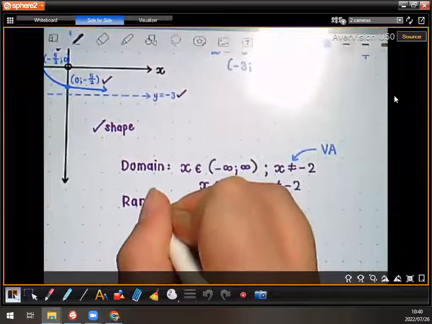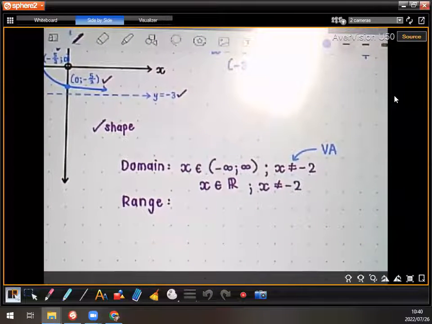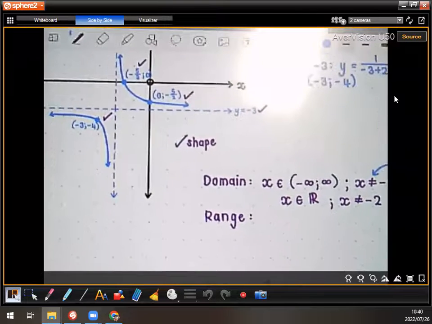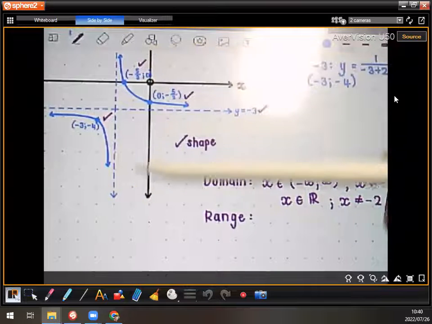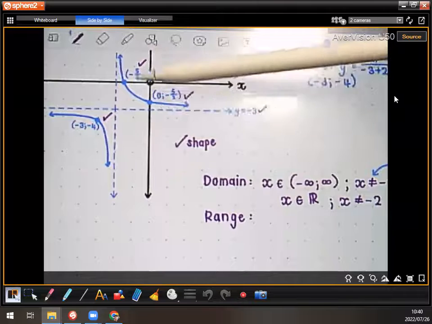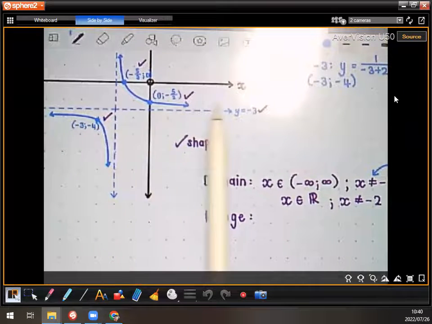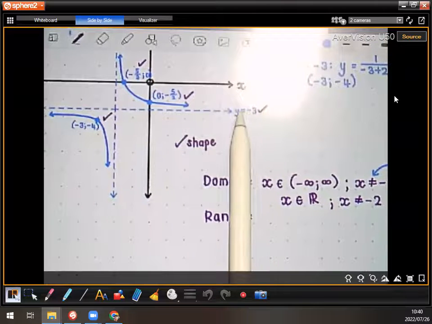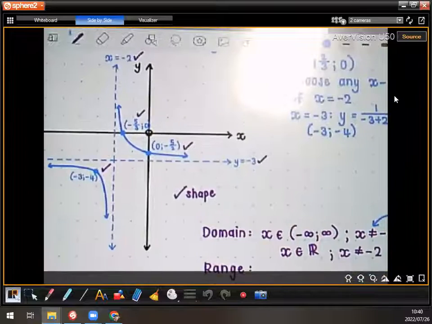The range is very similar. Remember that range is all the y values. I'm going to go back up to the graph quickly to see it here. For the range, we're now looking at the y-axis. It goes all the way down to negative infinity and all the way up to positive infinity. But again, there's one y value at the asymptote that the graph can never touch, and it was y equals negative 3 for this one.